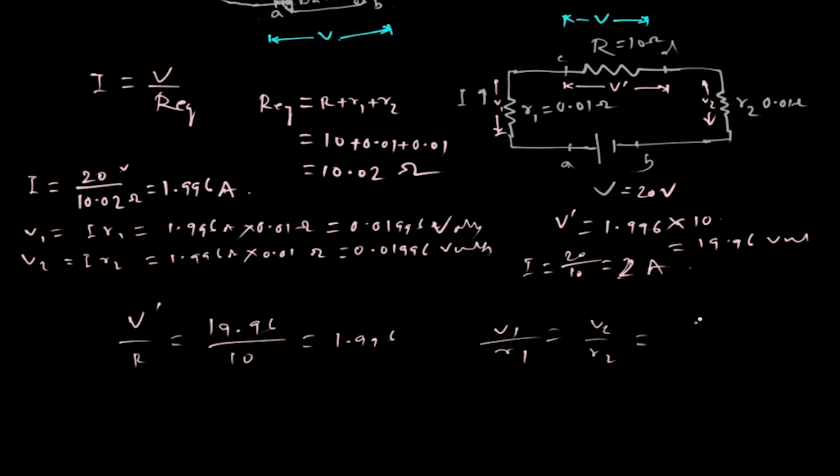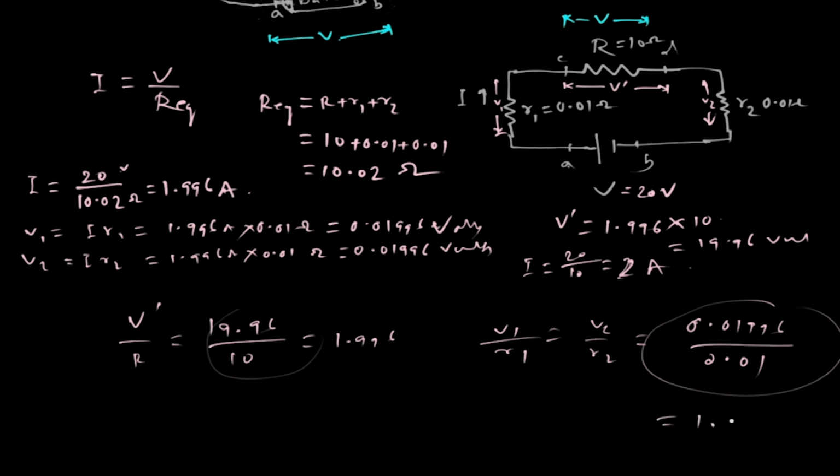How much is it? The voltage is 0.01996 divided by R2. R1 and R2 are the same, and V1 and V2 are the same, because we have taken the same resistance. So this ratio is the same as this ratio. They are equal to 1.996.